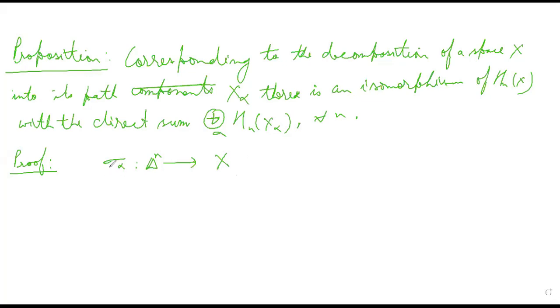Maps mean they are continuous functions from here to here. So this is simply path connected, right? A continuous image of a path connected set is path connected, so this sigma alpha is path connected.